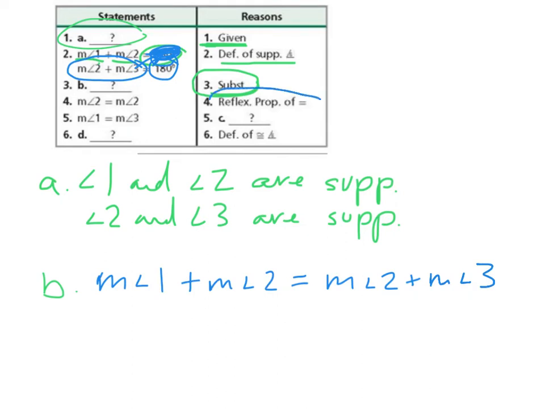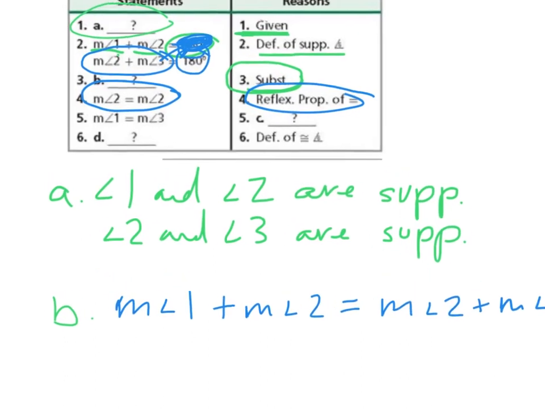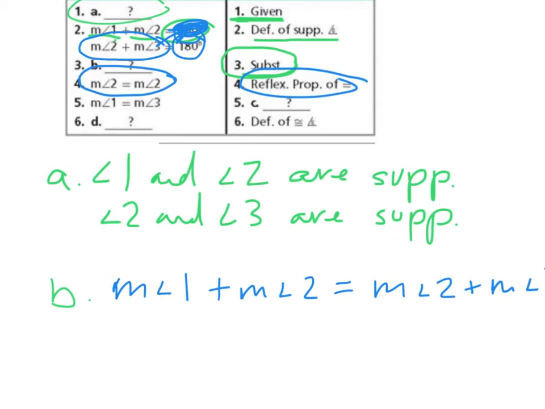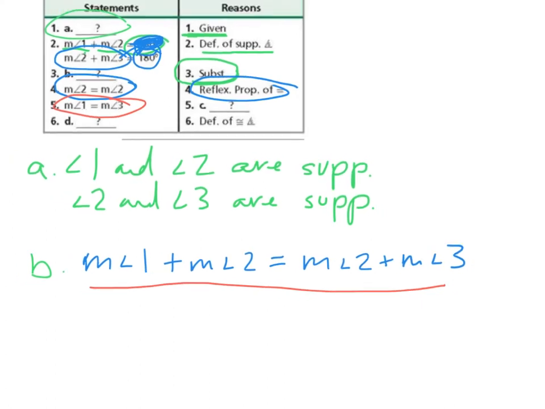Now by the reflexive property, we know that the measure of angle 2 is equal to the measure of angle 2. And then let's take a look at step 5. How would we get from this equation to the measure of angle 1 is equal to the measure of angle 3?